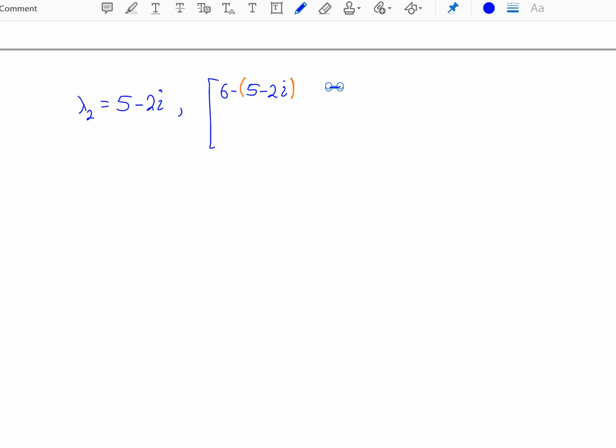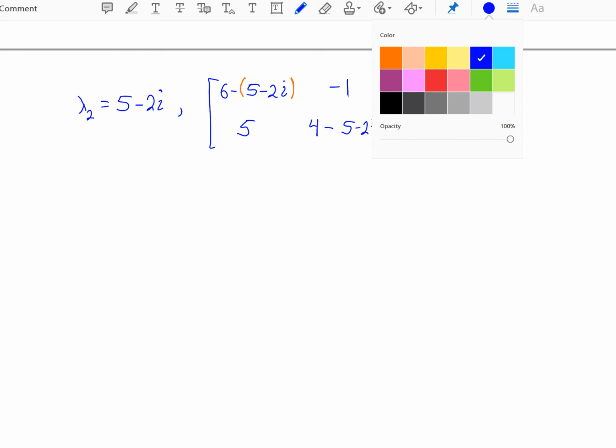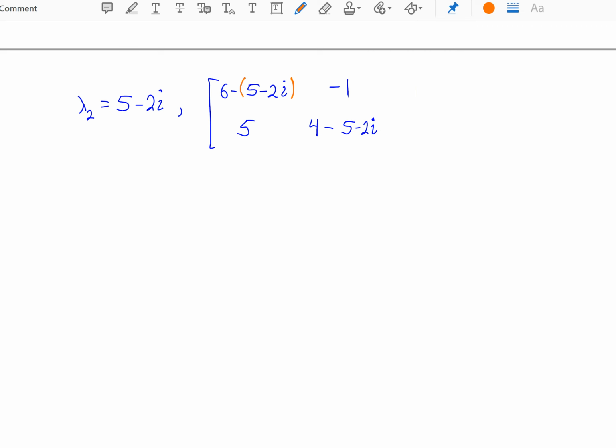Then it'd be -1, 5, and 4 minus (5 minus 2i). But again, if you're not writing these parentheses, I'm a little bit nervous. And we want to multiply this by some vector x to get the 0 vector.